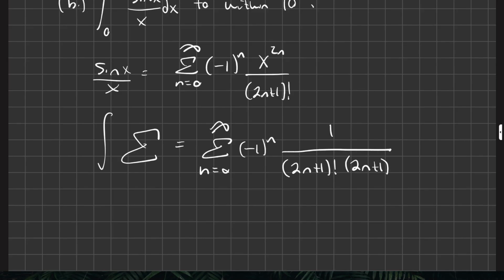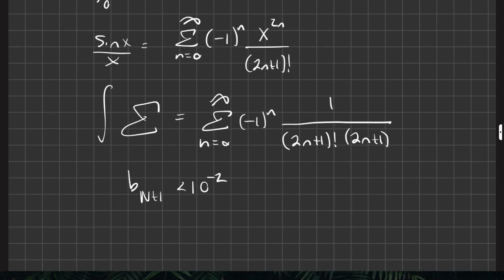This is also an alternating series with decreasing terms b_n. To achieve an error less than 10 to the minus 2, we want to stop when the next term, b_(n+1), is less than 10 to the minus 2.